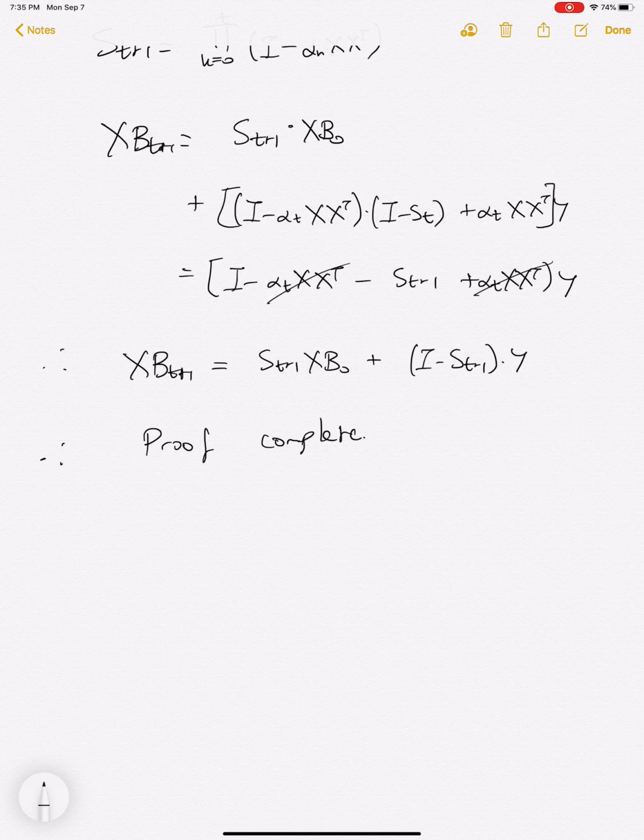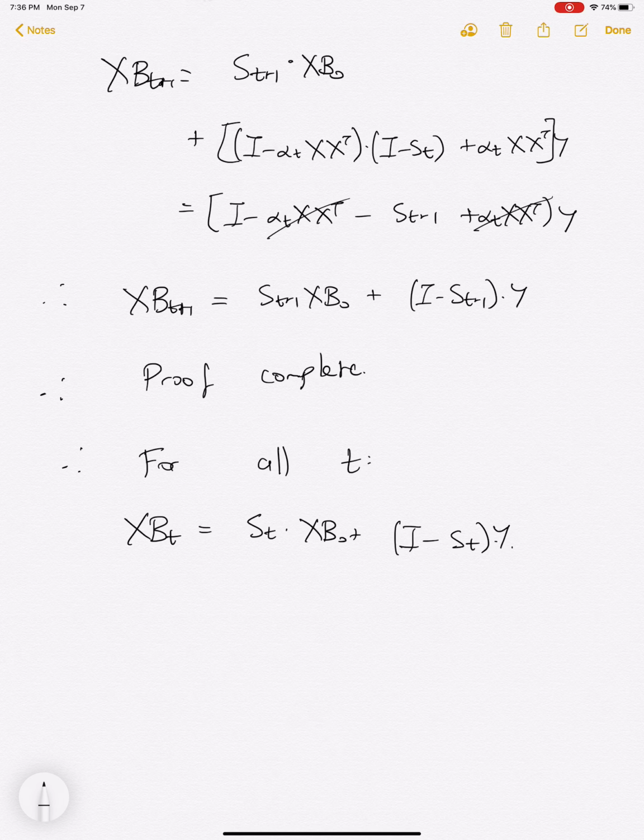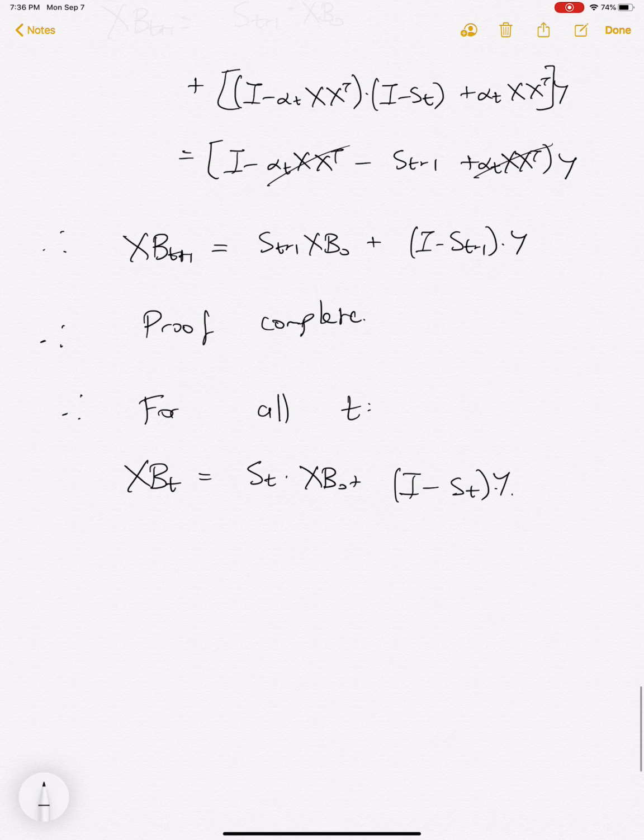And then we can conclude that for all t we have that x_t equals S_t x_0 plus (I - S_t) y, where this matrix S_t, which we're going to look at in a little more detail soon, is the product of this I minus alpha_k X X transpose.